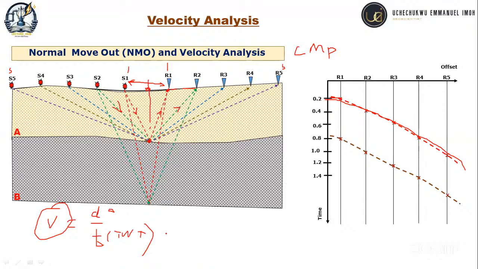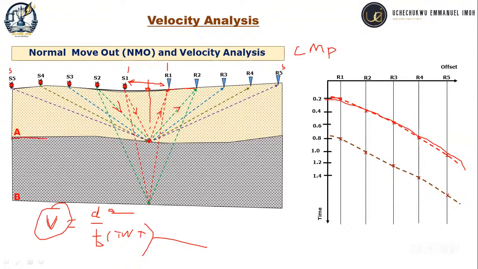This is typically what the software does. You're not doing the calculation anywhere, but you're going to produce the velocity with which the seismic wave travels through the subsurface. This is typically the background of what the software will be doing. Your data already has offset information, D, and it has the two-way time, T. So you're trying to generate the velocity, and if you get that velocity correct, you're going to flatten this event.